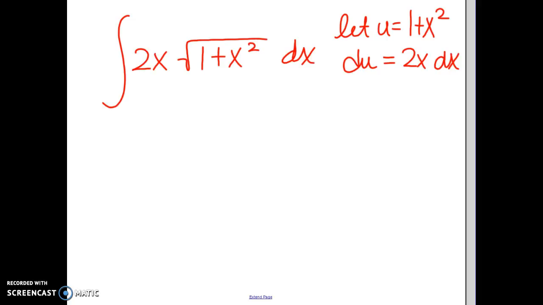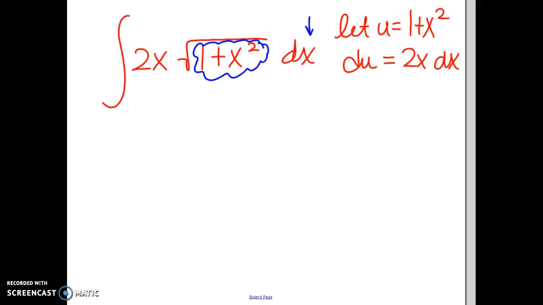Instead of saying du dx equals 2x, I'm putting the du on one side and the dx on the other side because I actually am going to substitute two things. I'm going to substitute inside and I'm going to substitute that. So I technically want my du and dx on different sides of the equal sign.